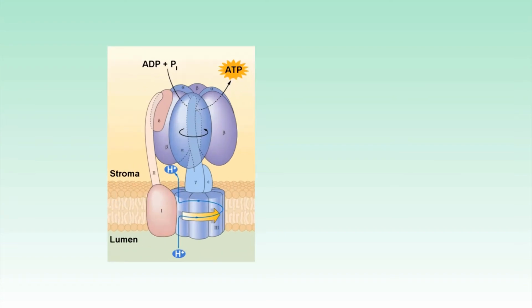Now let's look at the ATP synthase of chloroplasts. The ATP synthase of chloroplasts closely resembles those of mitochondria and prokaryotes. The proton motive force generated by the light reactions is converted into ATP by the ATP synthase of chloroplasts, also called the CF1-CF0 complex.